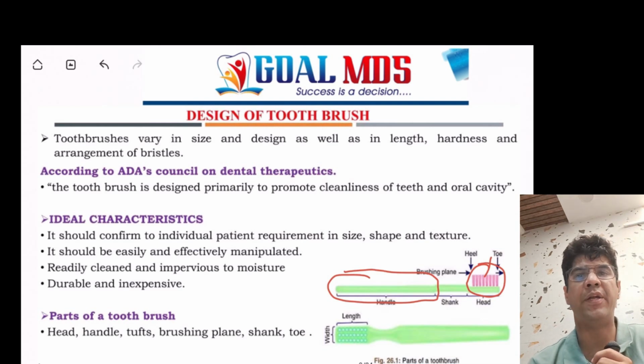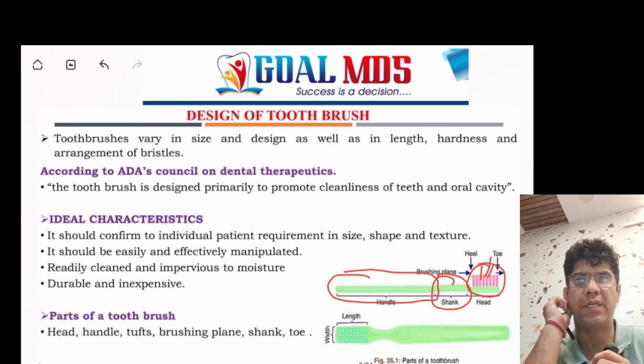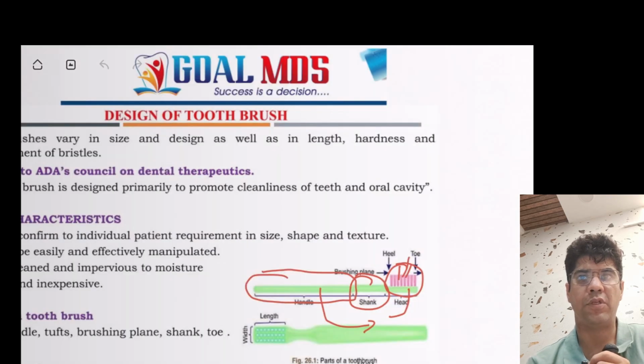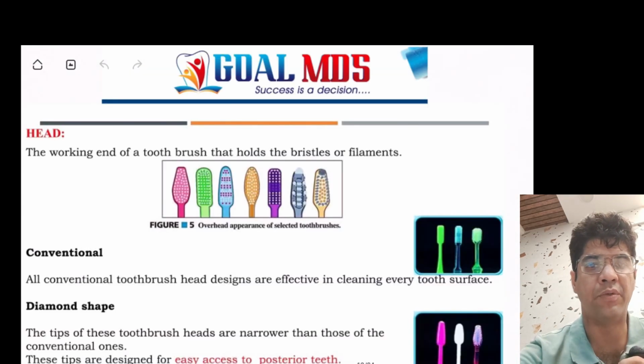It is usually made to be comfortable to grip. Third is the tuft. A tuft is a small cluster of bristles on the head of the toothbrush. Another is the shank portion. The shank is the neck part that connects the head to the handle. So all these are the parts of the toothbrush.